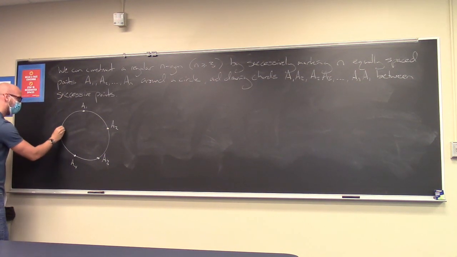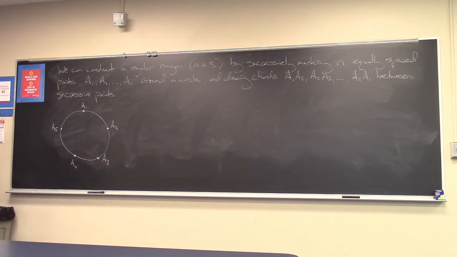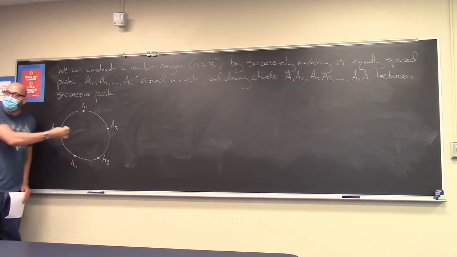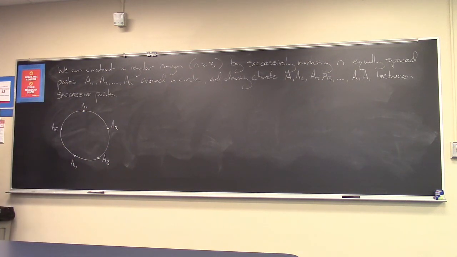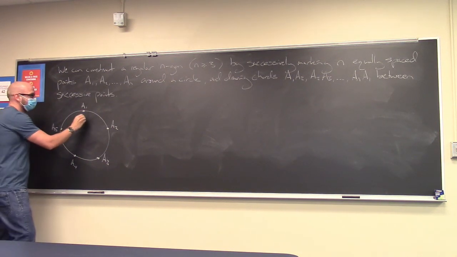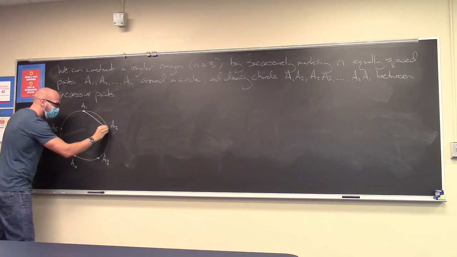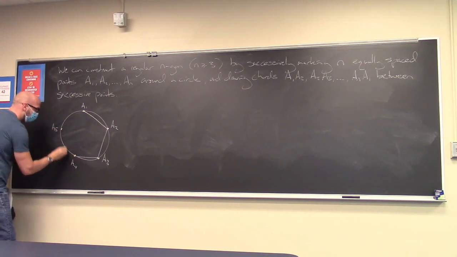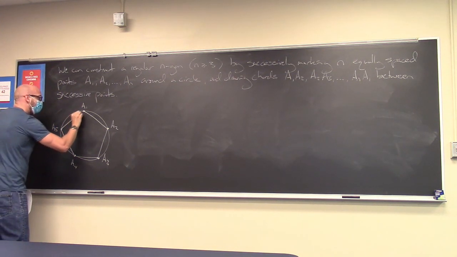A4 and A5. So what do I mean by equally spaced? I mean these arcs between these points all have the same degree measure, right? So hopefully these are 5 equally spaced points, and all we're going to do is draw chords between successive points. So we've got a chord between A1 and A2, A2 and A3, A3 and A4, A4 and A5, A5 and A1.